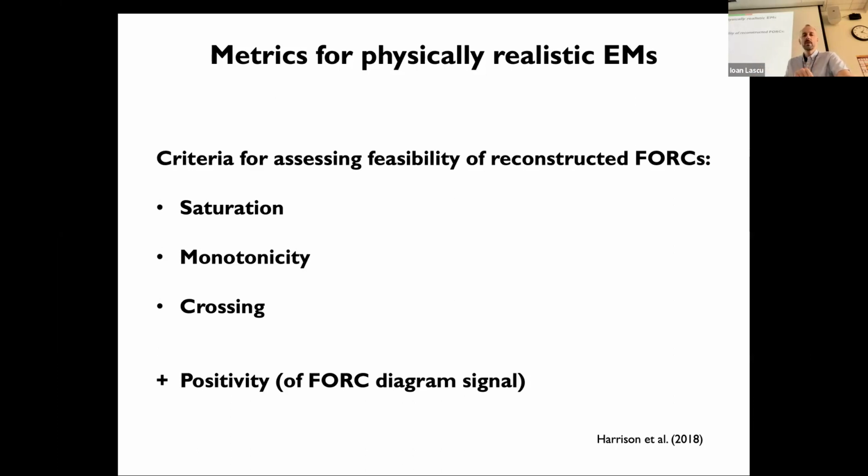So this metric checks for anomalous negative areas, which may appear if you go too far away from the data set and you start subtracting signals and creating these artificial negative areas. But this metric should be used separately, not together with the other 3.